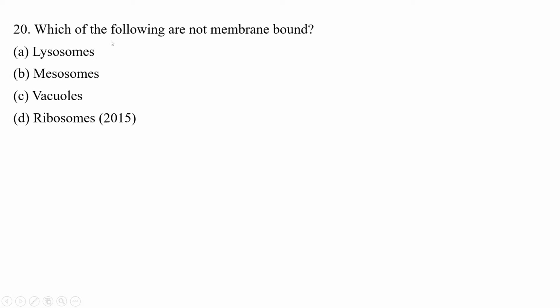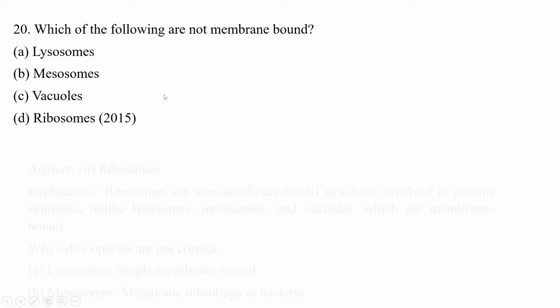Which of the following are not membrane bound? Here you have to find the organelle which doesn't have any kind of membrane. Lysosome, of course, as you just learned in the previous questions, has a single membrane. Then mesosomes, vacuoles, and ribosomes.